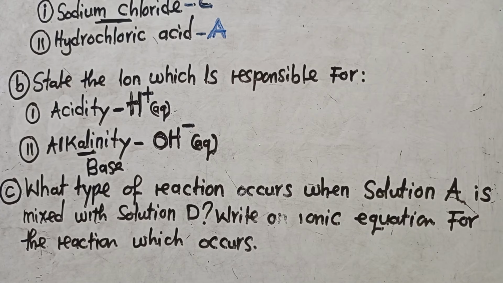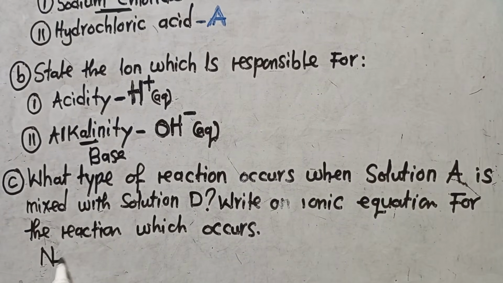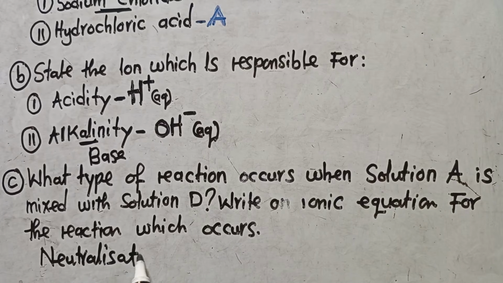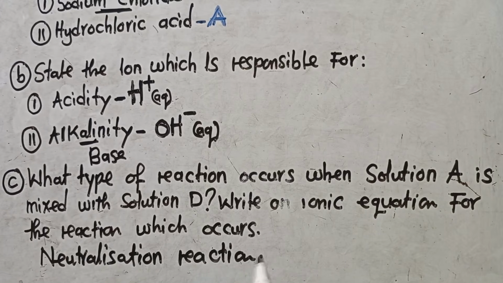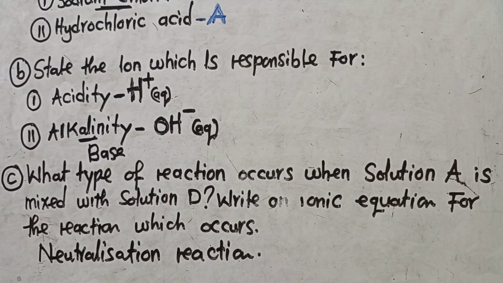The type of reaction that gets to exist between those two is what we call a neutralization reaction. So it is called a what? A neutralization reaction. We just say neutralization reaction. So this is a type of reaction that gets to exist between those two, A and D.